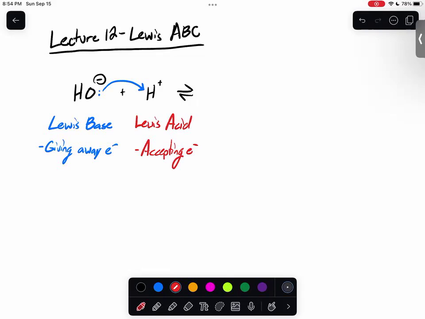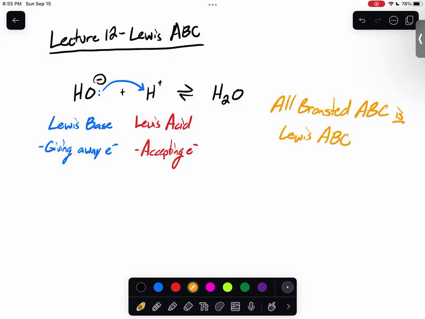A lot of the Lewis acid-base reactions you can probably think of right now are Bronsted, right? Because it's very obvious that a Bronsted base is going to give away electrons to take a proton, and that proton is always going to be a Lewis acid because it is accepting the electrons from the Bronsted base. So there is a true statement that we can make here: all Bronsted acid-base chemistry is Lewis acid-base chemistry.